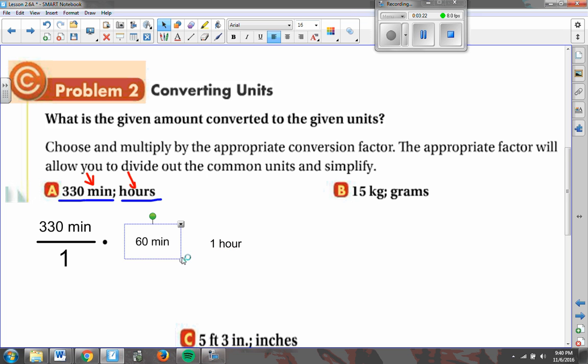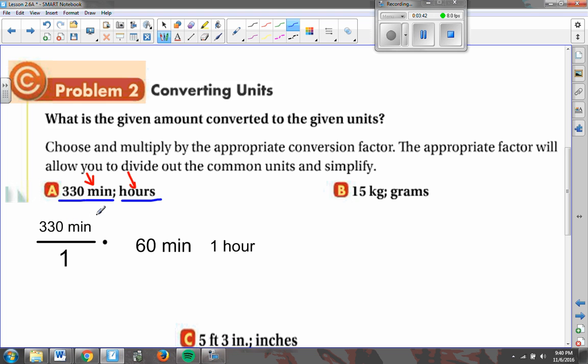Now the only question is, how do I make a ratio out of these? What's going to be the best for me? And it all depends on what unit I am trying to get rid of. I'm trying to get rid of the unit that's on my 330 right now. I want to get rid of minutes. Right now, minutes is on the top of my fraction, because that's the way I wrote it, 330 minutes over 1.